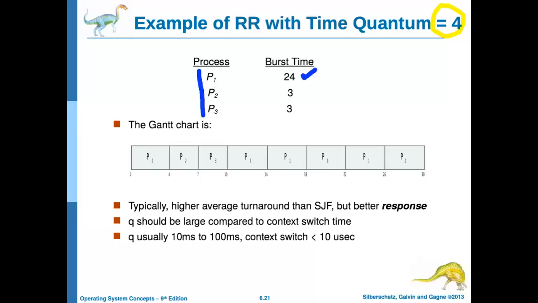Now P1 will be scheduled first to execute for the time quantum that is equal to 4, so 0 to 4. Now P2 will execute for the next time slot, but the complete slot is not required as the length of the time slot is 4 and burst time for P2 is 3. So between the time 4 to 7, P2 gets finished.